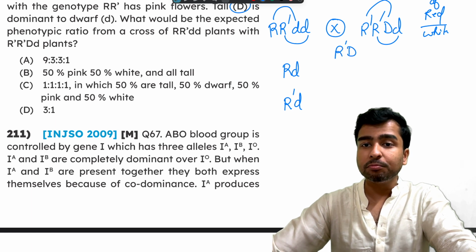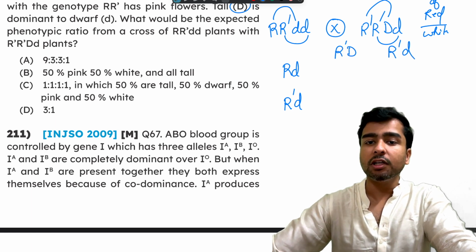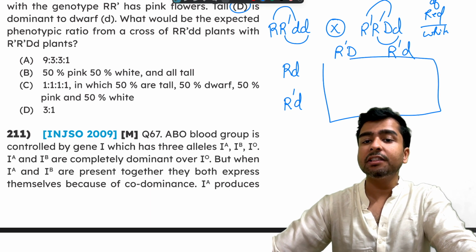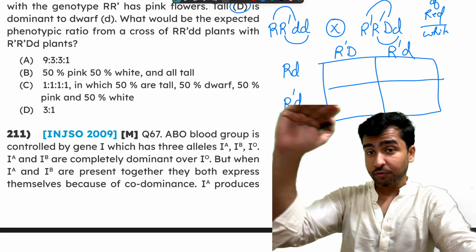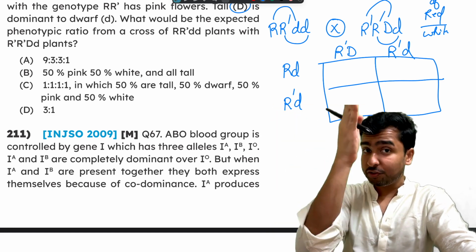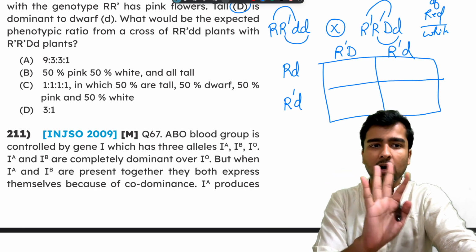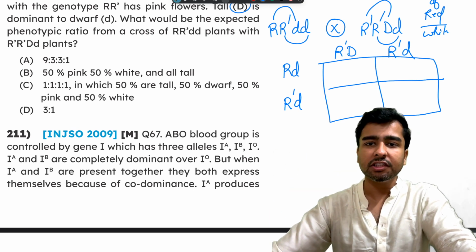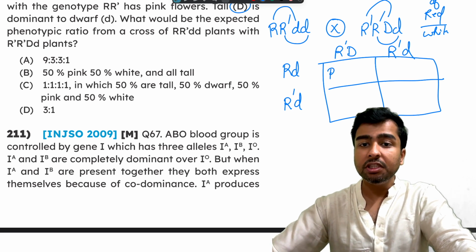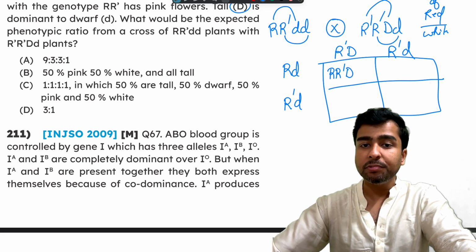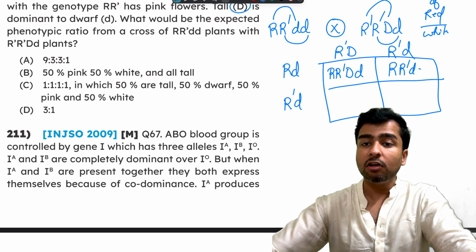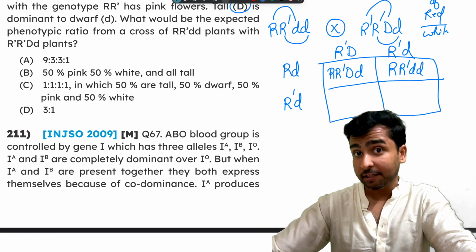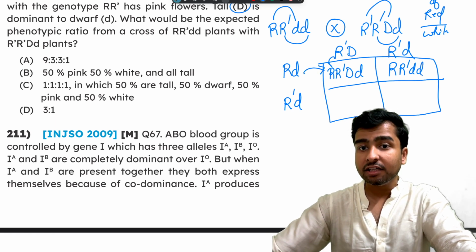Simple Punnett square, right? We write the gametes of one individual on the top, another individual along the sides. All we do now is simple crossing. So first is big R R dash, big D, small d. We are combining and writing them.